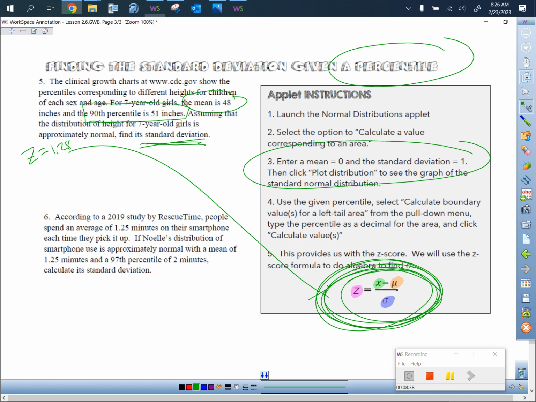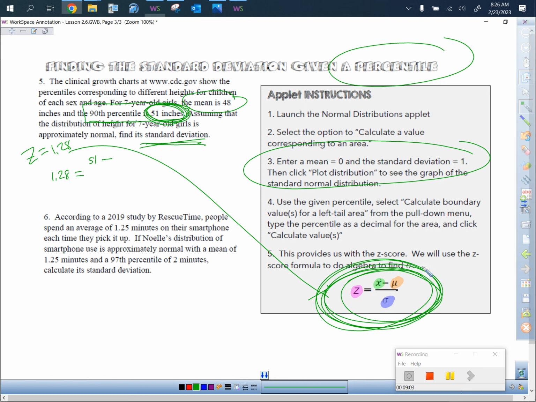So I'm going to sub in what I know. I know the z-score is 1.28. And then there's an equal sign after that. And then we go back up here and realize this x is the value of this 7-year-old girl, who's at the 90th percentile. You see that 51 inches is the value of the 90th percentile. So I will put 51 up there.